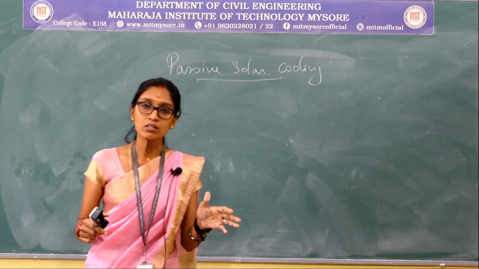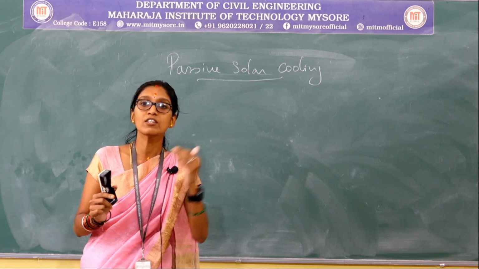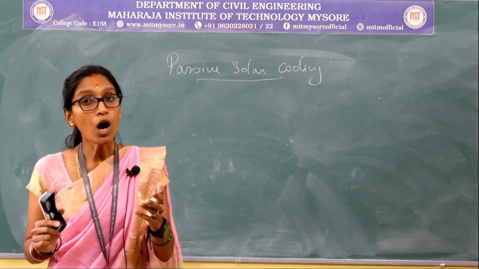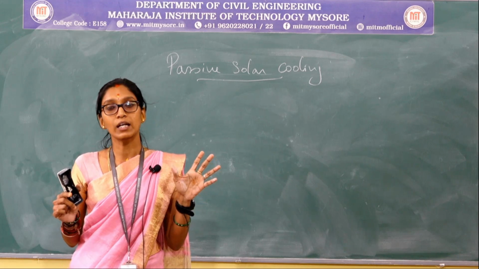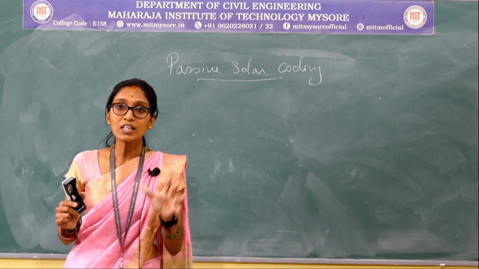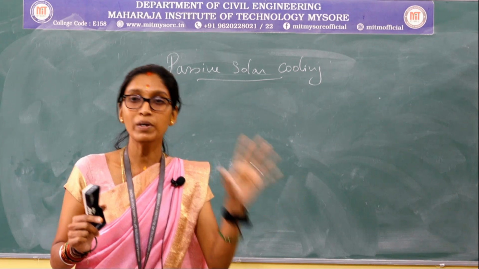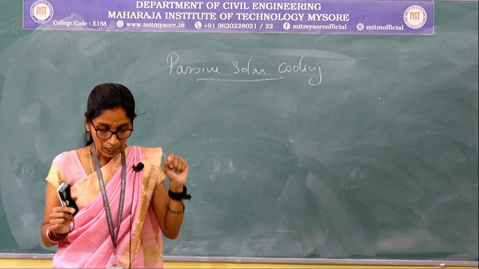It happens only based upon the reduction of the heat that is going to come into a particular building, or by slowing down the process of heating in a particular building. So this is how I am going to cool a particular building by using my passive solar energy, right?